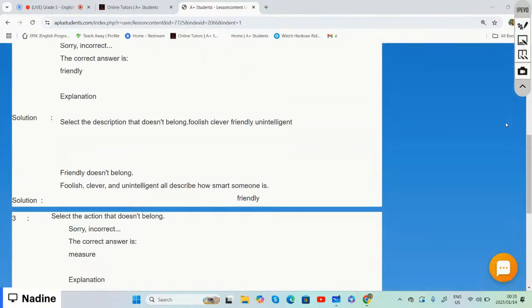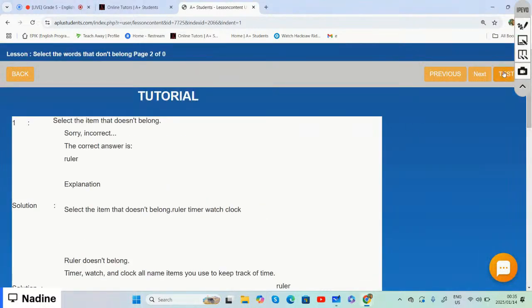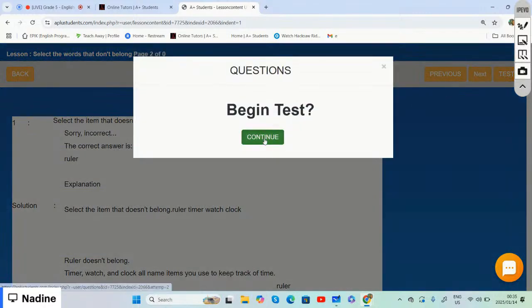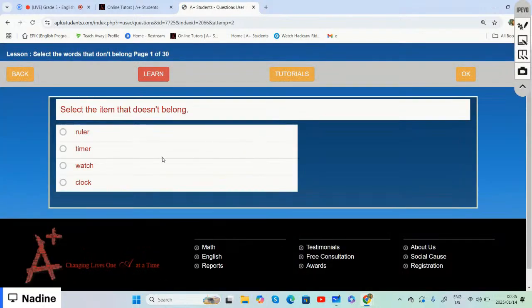All right, so now we're going to our test, where we're going to select words that don't belong. We need to select the item that does not belong. We have ruler, timer, watch, and clock.